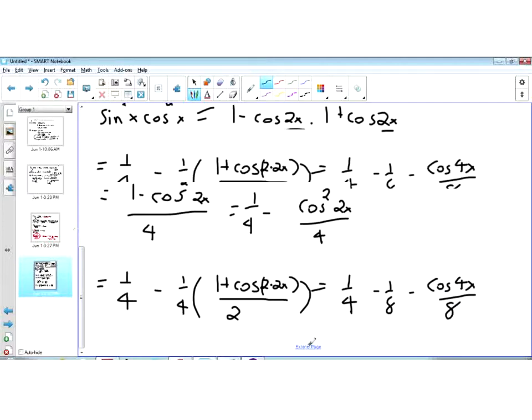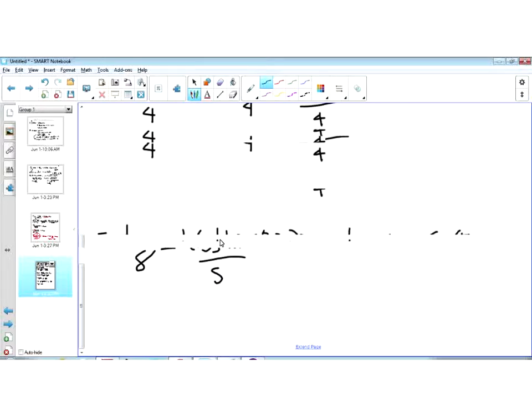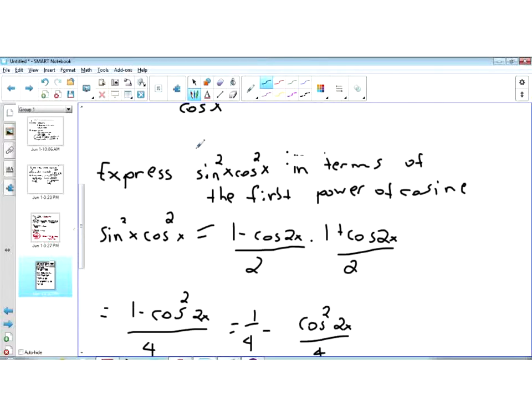Simplifying further, 1/4 minus 1/8 is 1/8. So this would equal 1/8 minus cosine 4x over 8.